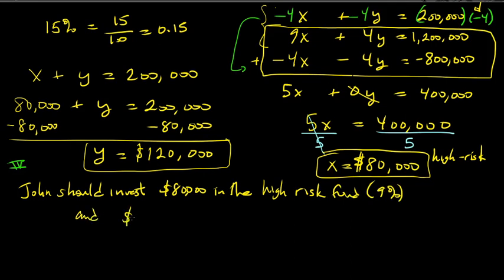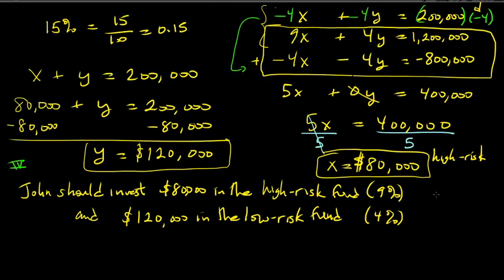And $120,000 in the low-risk fund. And that was the one at 4% interest, or 4% rate of return. Right? So there's our answer.